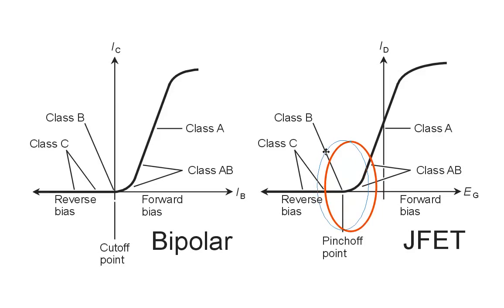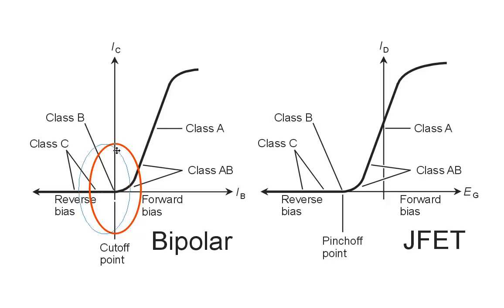Class B operation, during half of the signal cycle the device conducts, during the other half it doesn't. So in effect, we get half-wave rectification of the input signal waveform. In order to get significant amplification, though, we have to drive the device rather hard.